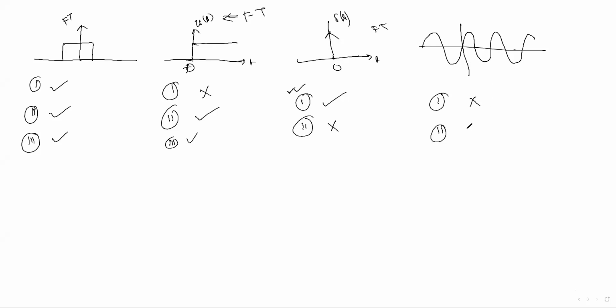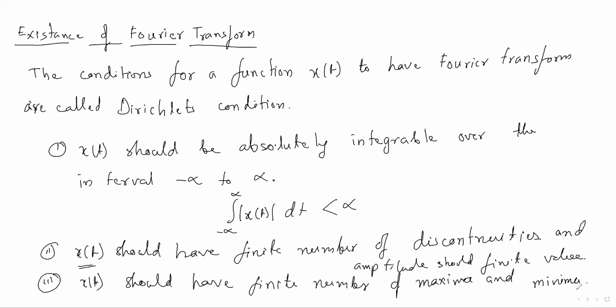There is no discontinuity, so the second condition is also satisfied. And third, the maxima and minima are also finite. So we have a Fourier transform of the sine or cosine wave. Is the Dirichlet condition clear? These three should be satisfied.